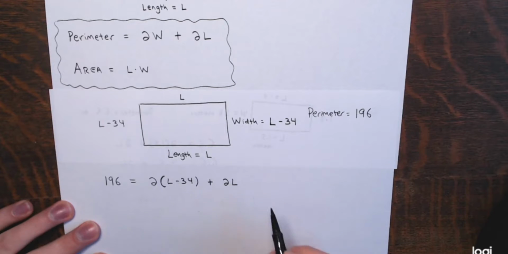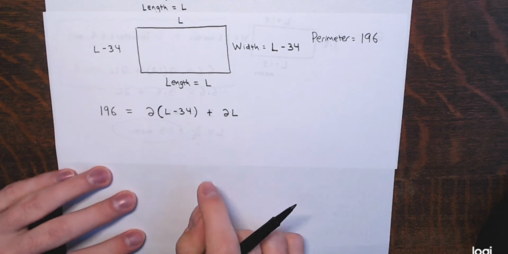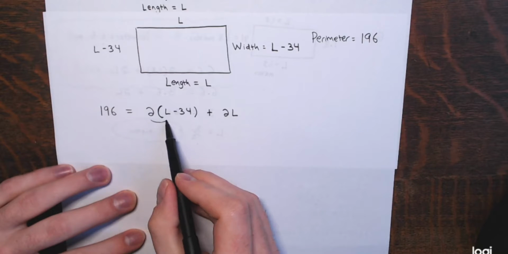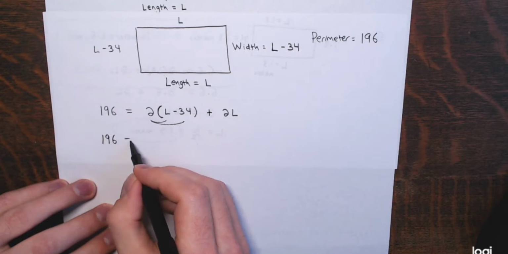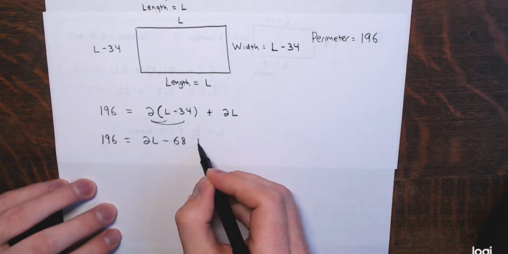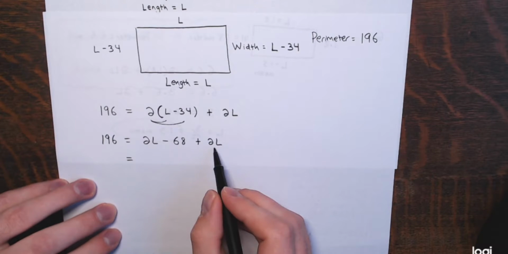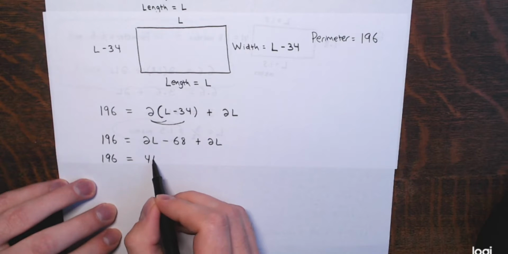And then I'm solving this equation here for L. So I'm going to clear parentheses by distributing the 2 here. So we have 196 equals 2L minus 68 plus 2L. Combining like terms on the right side, we have 196 equals 4L minus 68.